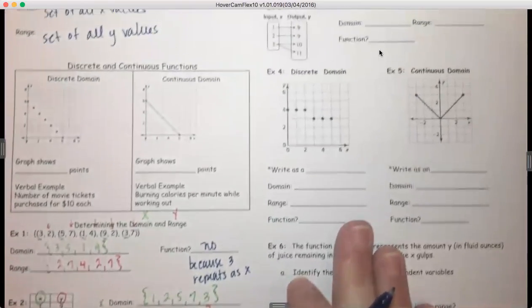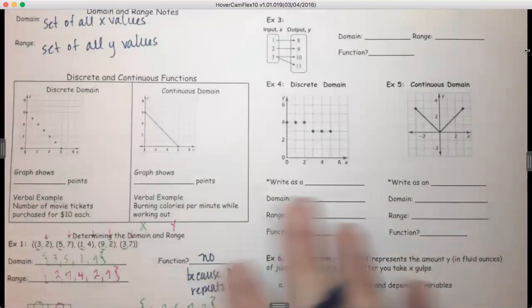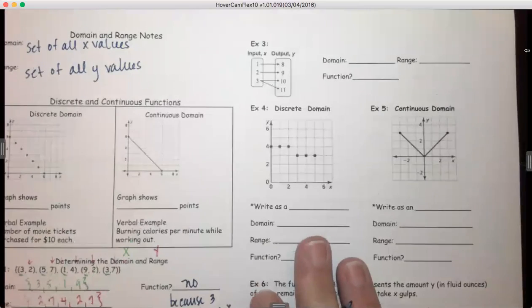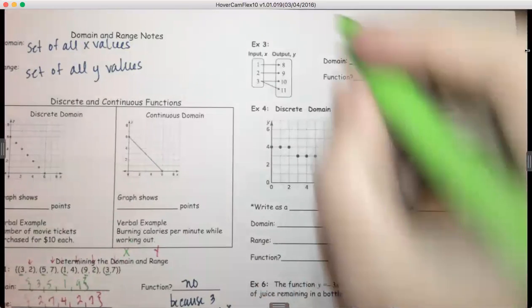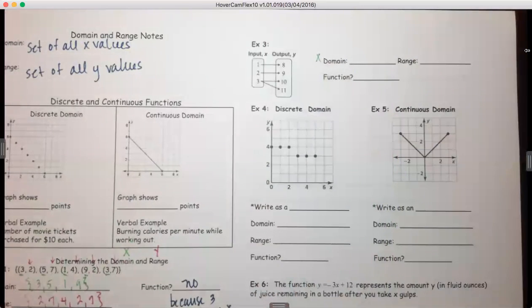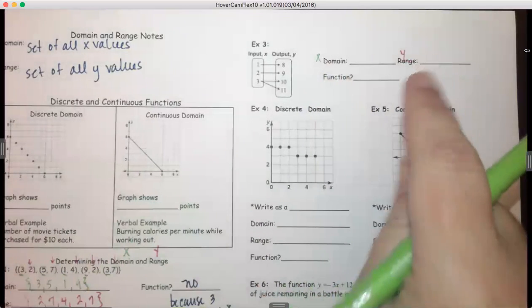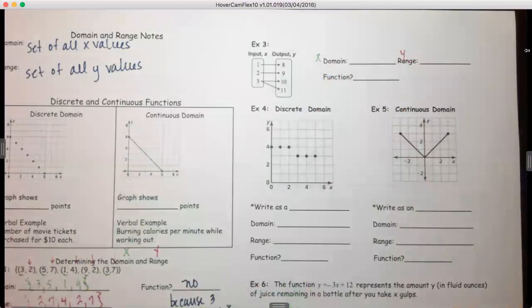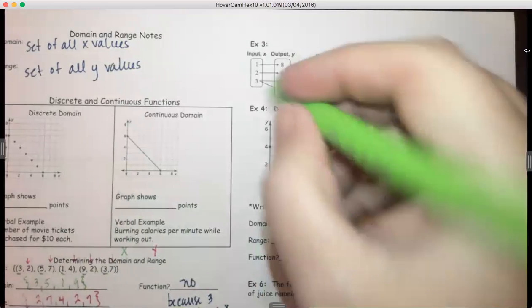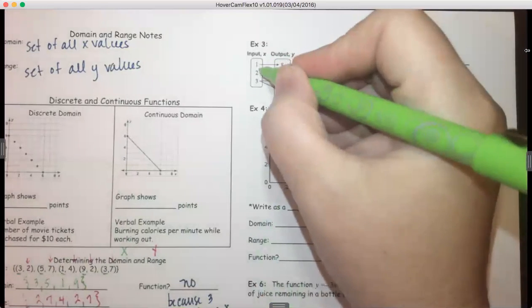Okay, next order of business. We have domain, which is x, and range, which is y. You notice how I'm using colors to get you to pay attention. Also, I'm writing domain is x and range is y every time because I need that to be in my brain. You should write that too. So my domain is going to be 1, 2, and 3.